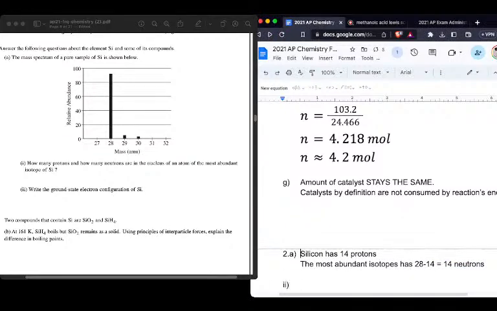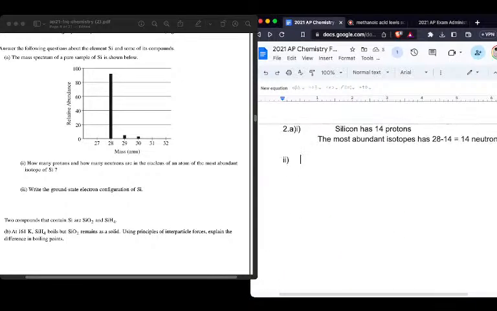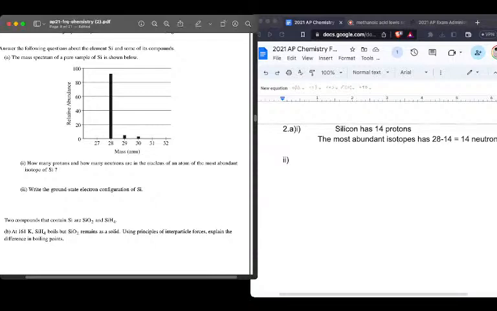Part I here is going to ask us about the ground state electron configuration for Si. All right, so this calls for something different. I'm just going to jump onto my computer here and import a periodic table for you to look at. I'll go get a copy of the AP periodic table. I think I'm going to rotate it here.